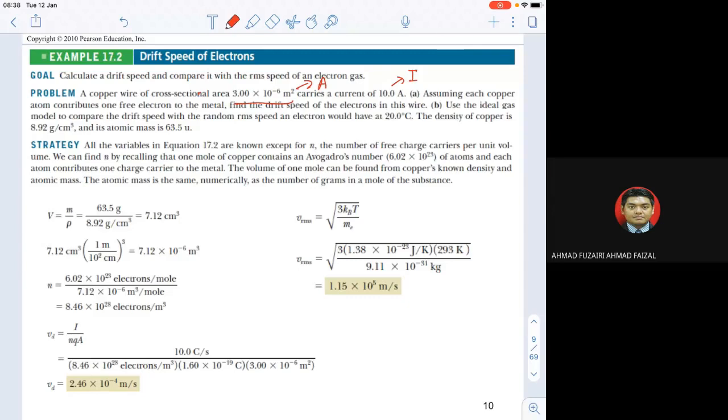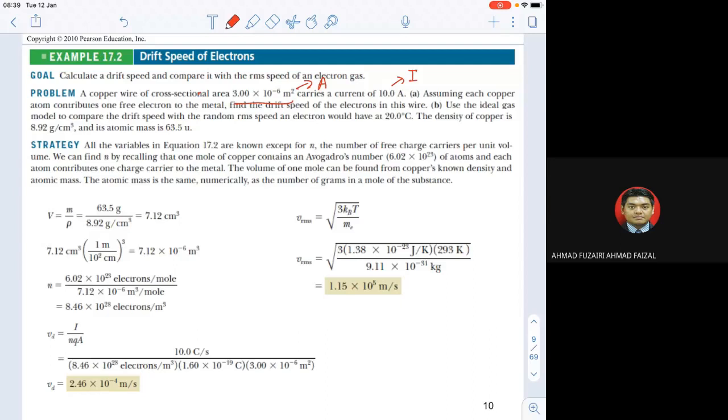Each copper atom contributes one free electron, meaning that from each copper atom we get one electron. We have a lot of copper in the cross-sectional area, but we want to know the drift speed.